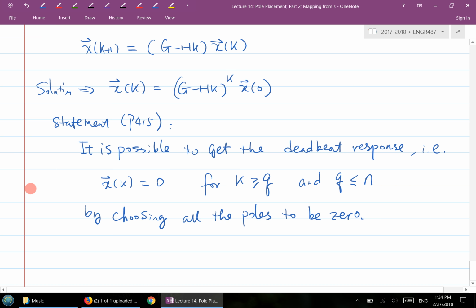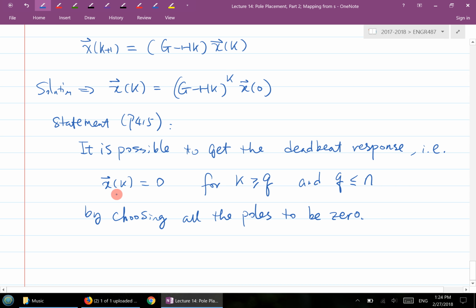Let's think about the real case here. Say you have a system of order 2, so the system matrix is 2 by 2. We assign the two desired poles both at the origin, which is 0.